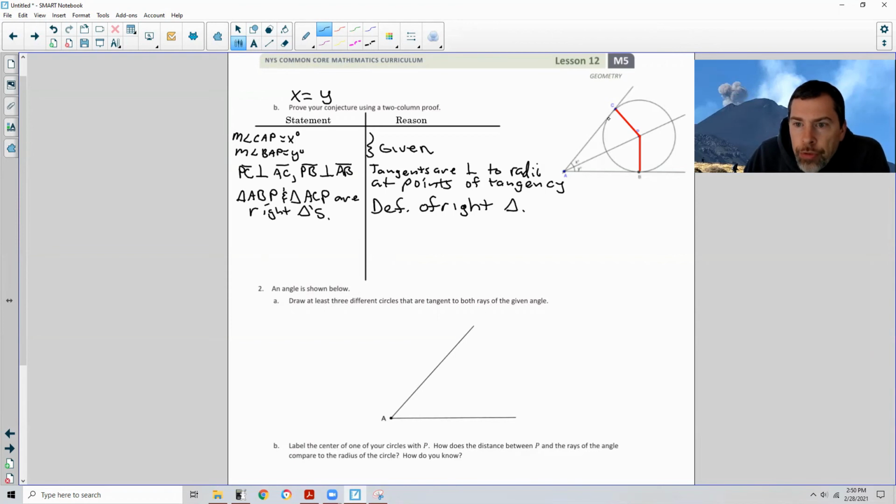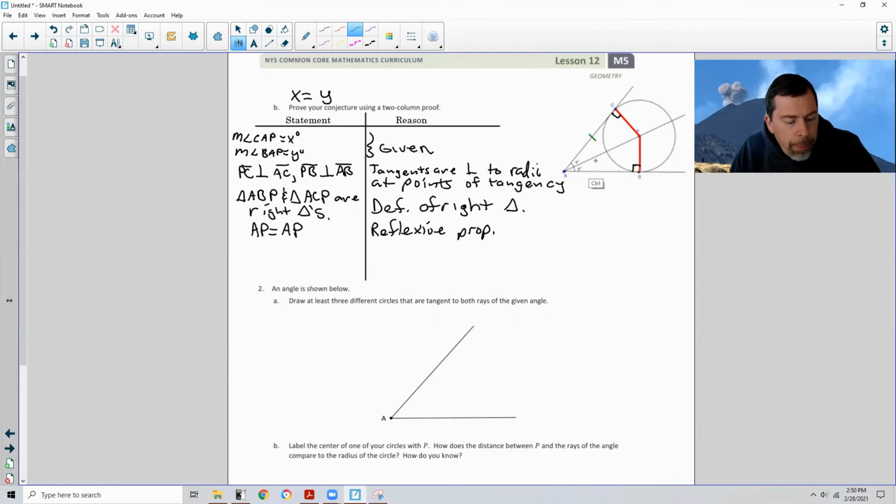Okay, so now we have two right triangles. So where are our right angles? It's at the points of tangency here and here. Okay, so now we can say AP equals itself, reflexive property. Okay, so I'll label that. This side right here, AP, is congruent to itself.